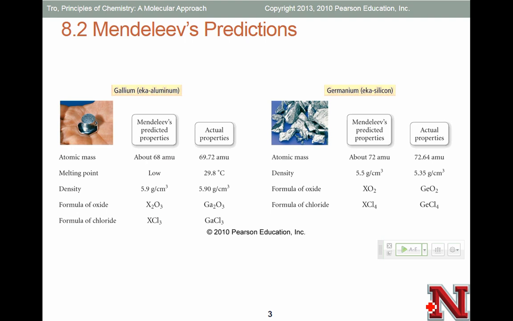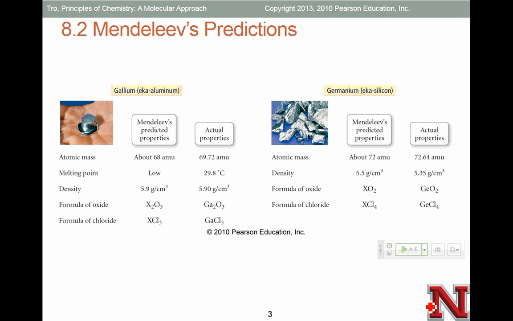For example, he predicted that there would be an element with an atomic mass of 68 AMU, and there is. Of course, we know based on isotopes that it's actually an average, 69.72. He predicted the melting point would be low and the density would be 5.9, and it is actually the right density. He predicted that it would react with oxygen to form an oxide X2O3, and it does, Ga2O3.